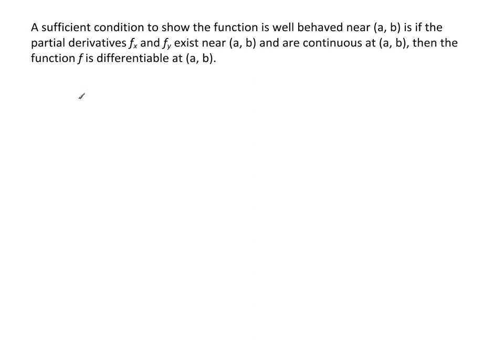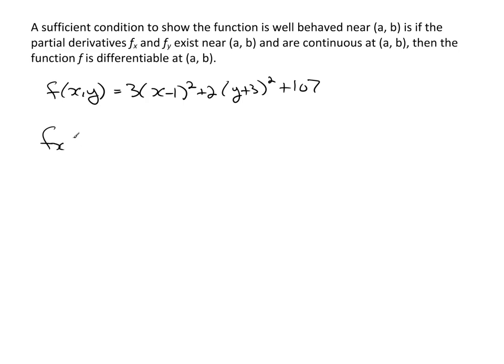If we take a look again at f(x, y) equals 3 times (x minus 1) squared plus 2 times (y plus 3) squared plus 107, the partial with respect to x was simply 6 times (x minus 1), which is continuous everywhere, it's just a polynomial.